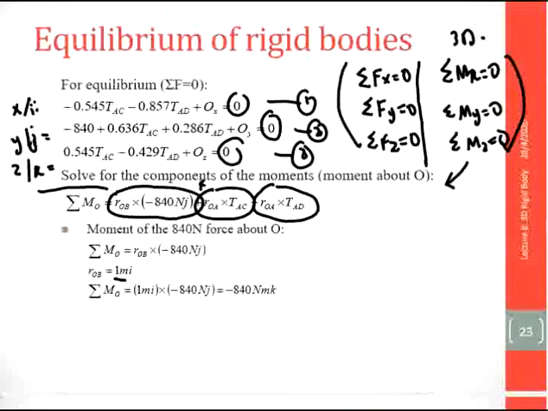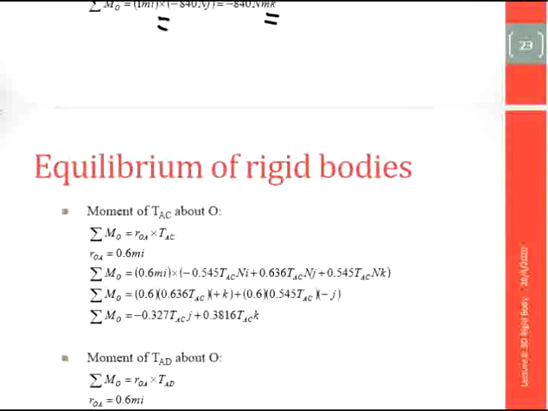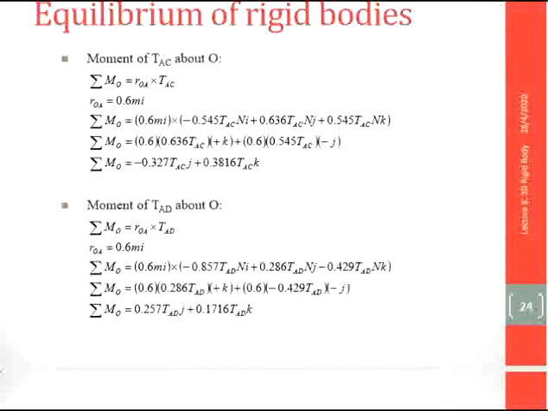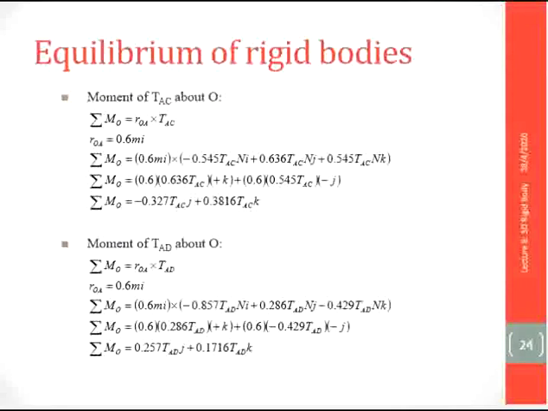So the distance is 1 m in the x direction. For the moments, do the cross products. So the moment in this one is the moment due to the force. Then we proceed with the moment due to tension AC.